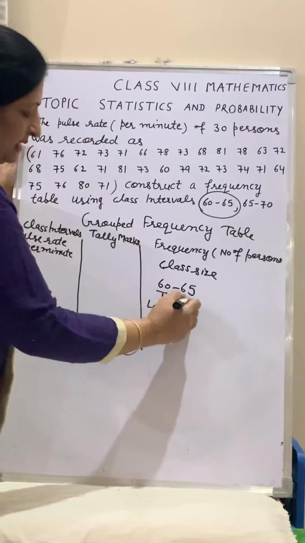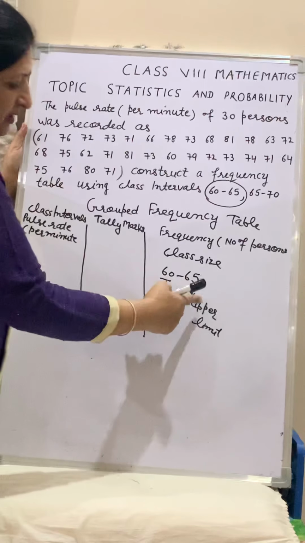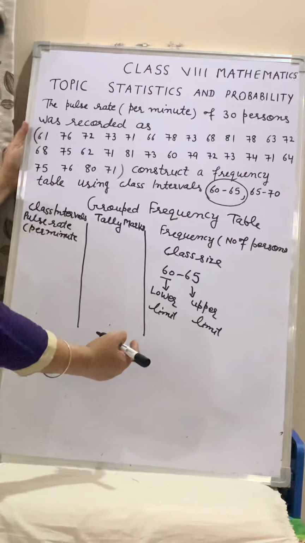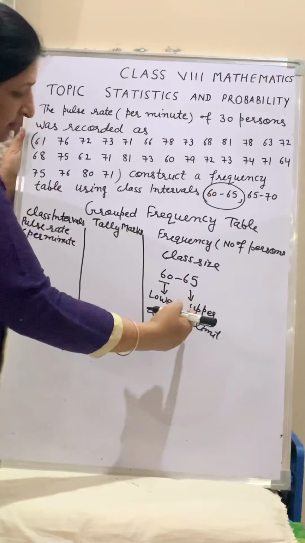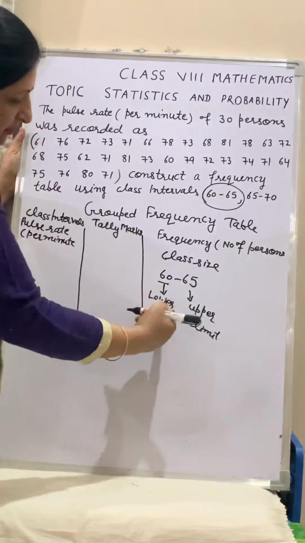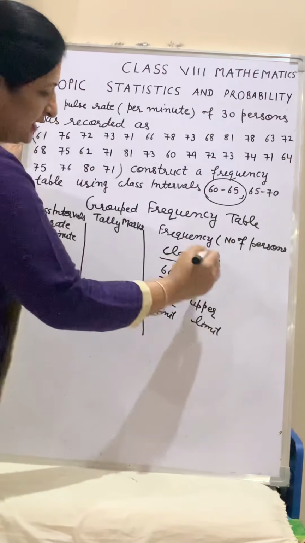If any group is given, 60 to 65, it means 60 is the lower limit and 65 is the upper limit. When we find the difference between upper limit and lower limit, we find the class size.